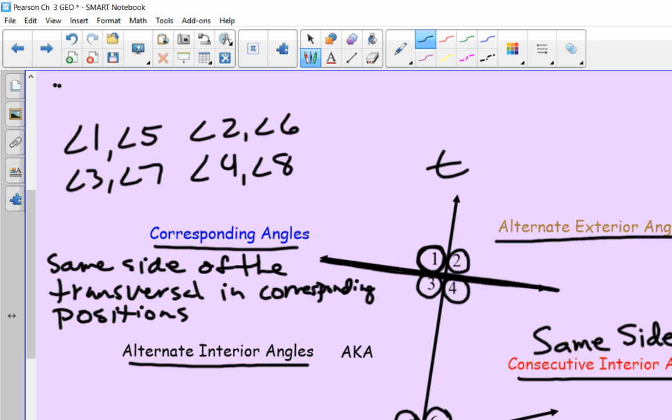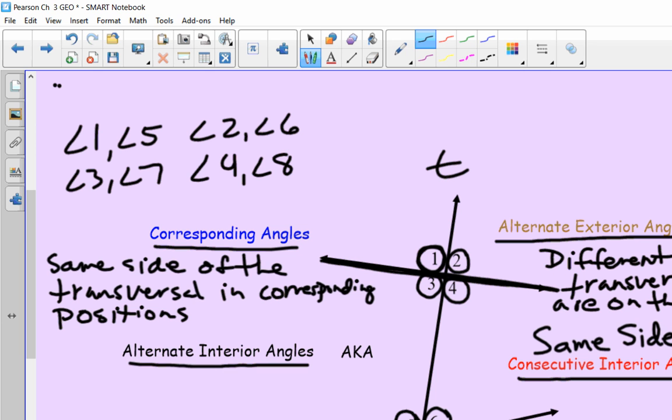So here we go. We're going to write the definition, then we'll find these angles. So alternate means different sides of a transversal. And angles are on the outside of the transversal.